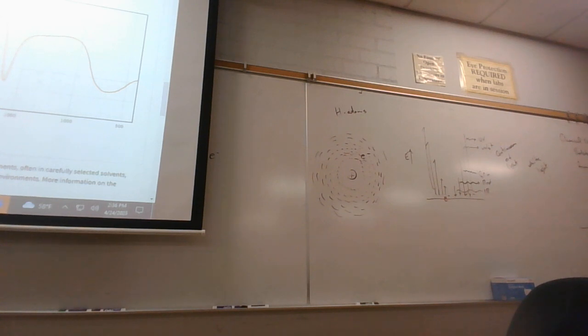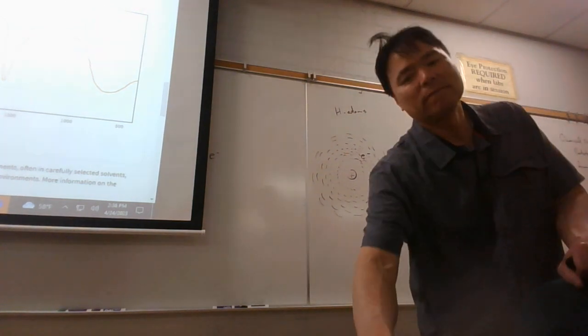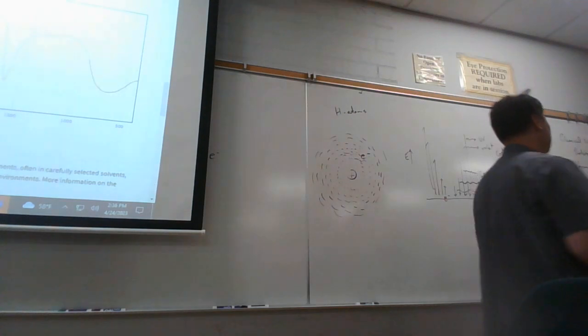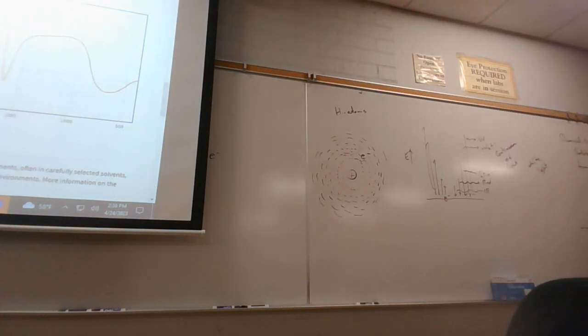The hydrogen atom can't go any speed it wants. So for example, if I try to accelerate the hydrogen electron a little bit faster, nothing happens. It won't absorb. In other words, there's a forbidden zone. And so all this is forbidden. It's not allowed to be here.